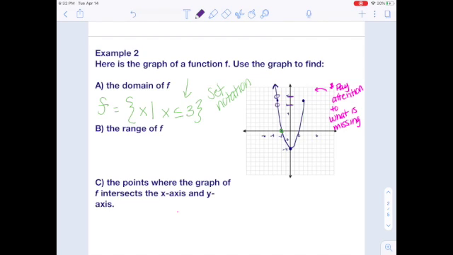This y value of 6 is defined over here. This y value of 4 is defined over to the left, so on and so forth. So all the way down, all of these y values are defined. Specifically, this y value of 0 is defined in 2 locations, but that's okay.